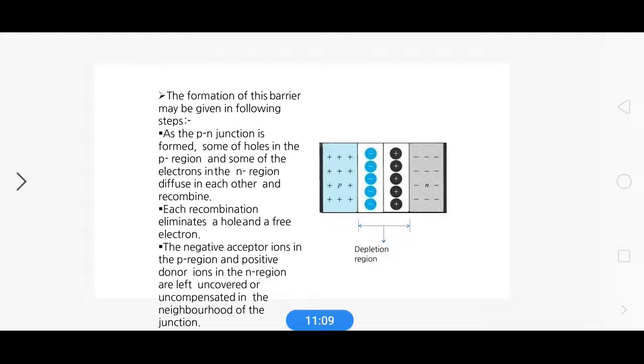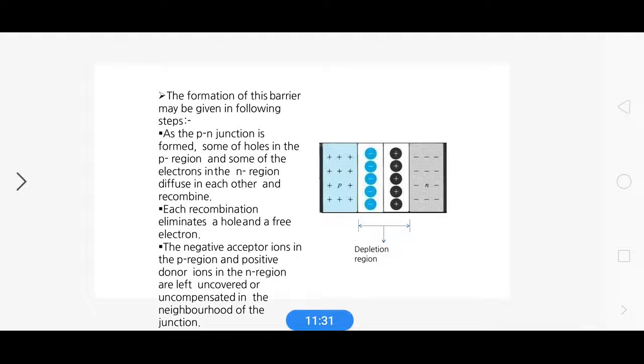This positively charged carrier will be repelled by the donor ions in the n region as well as attracted by the acceptor ions in the p region.